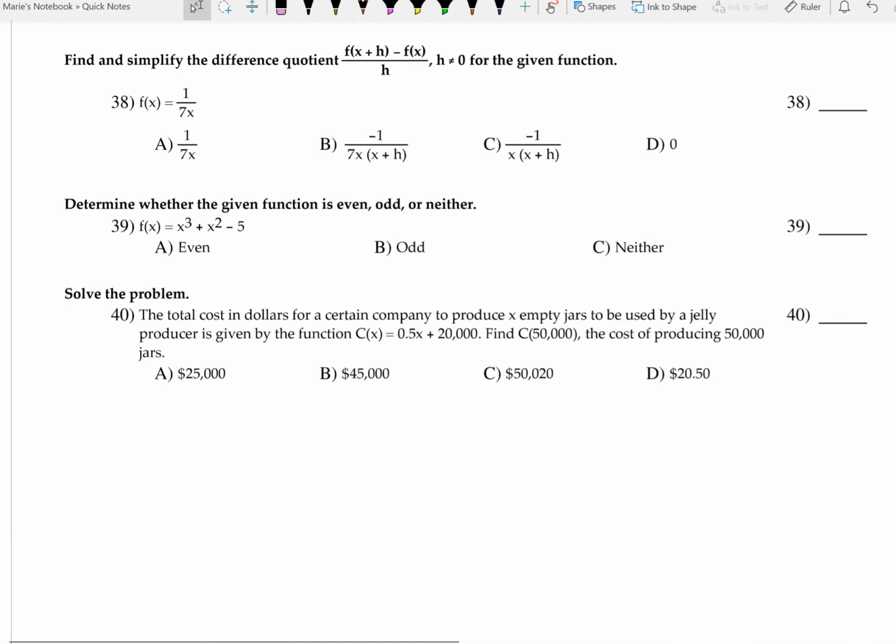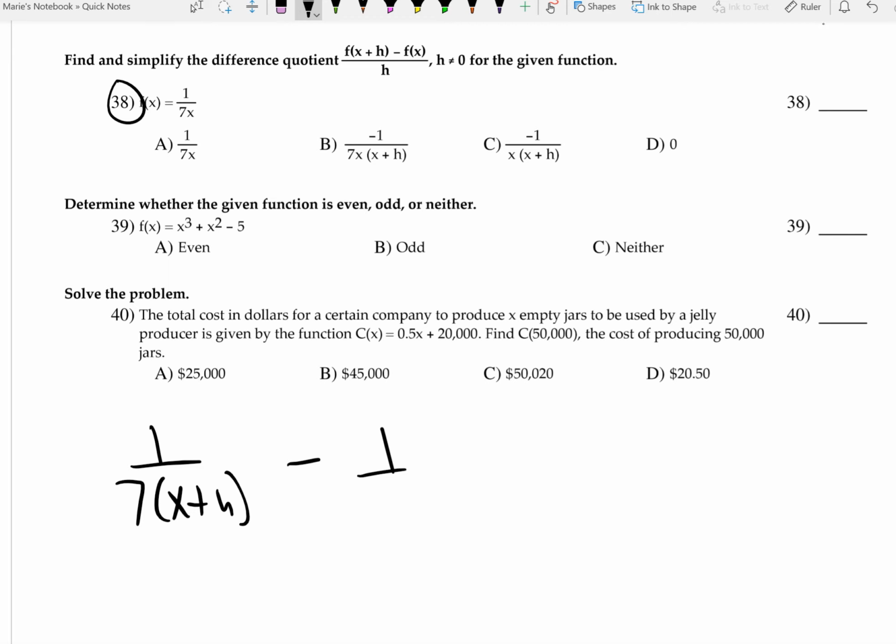Alright, I'm going to do this one next. A couple of people had a question on number 38. The issue with 38 is you have to do 1 over 7 parentheses x plus h for the lead. This would be the first term minus the second term, which is 1 over 7x. All of this is over h, technically over 1.